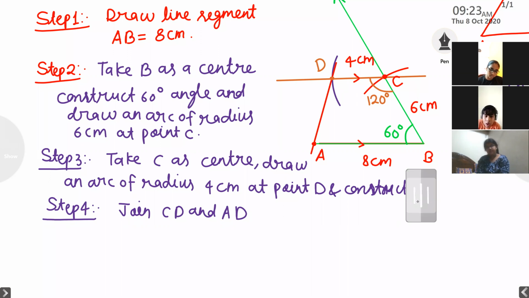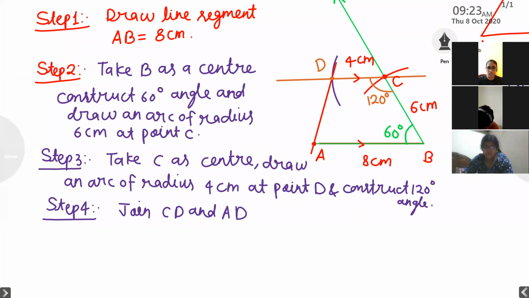And this in one step I forgot here. Draw an arc of radius 4 centimeter at point D and construct 120-degree angle. Join CD and AD.